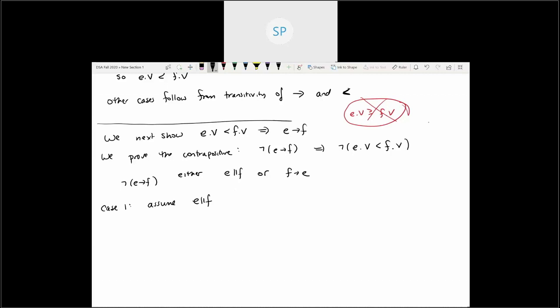And now I make a claim. My claim is that E and F must occur on different processes. So why is my claim correct?